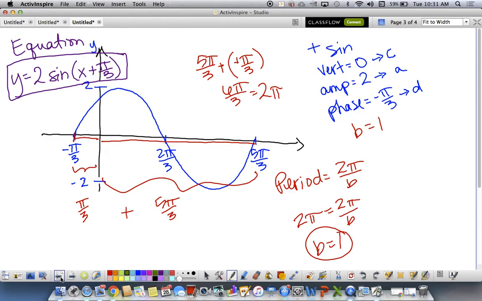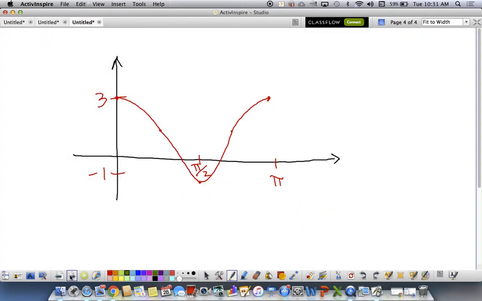Okay? So going forward, what's the distance from -1 to 3? 4 units. We went 3 and another one.